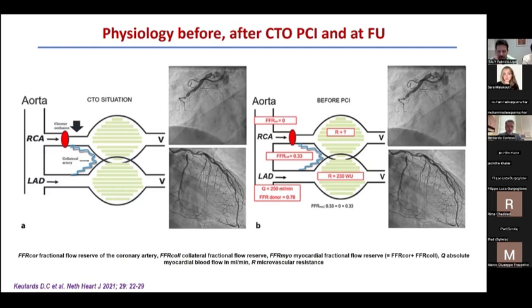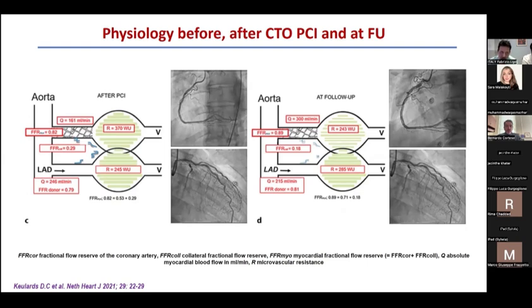We have an FFR of collateral 0.33, an FFR of donor vessel 0.78, with a total absolute myocardial blood flow of 250. We have a resistance in the donor vessel of 230 Wood units, and typically the resistance is 0 in the occluded vessel. We have opening of the resistance. We don't have a myocardial impairment in the CTO setting.